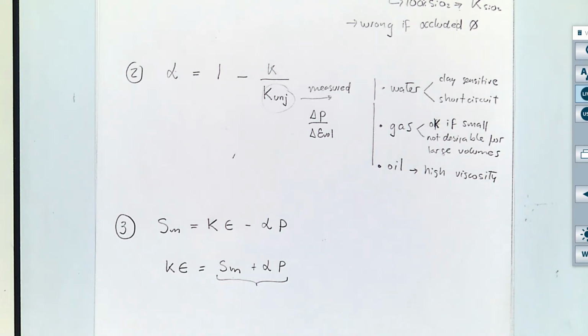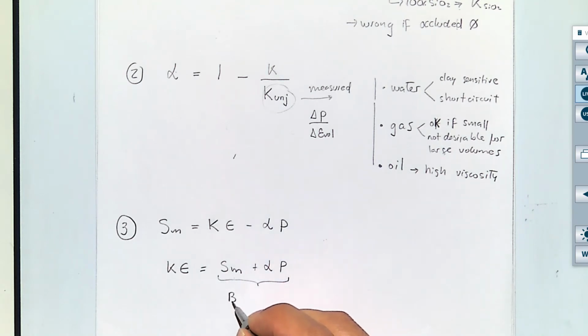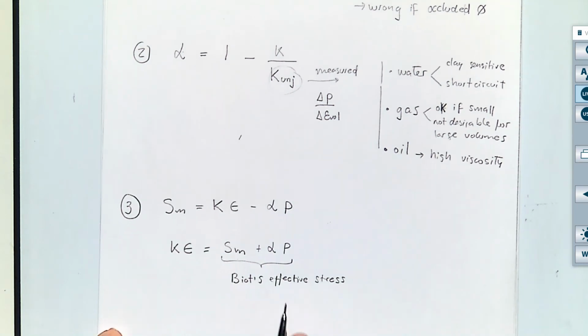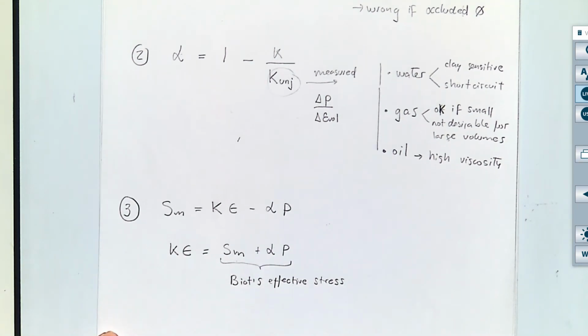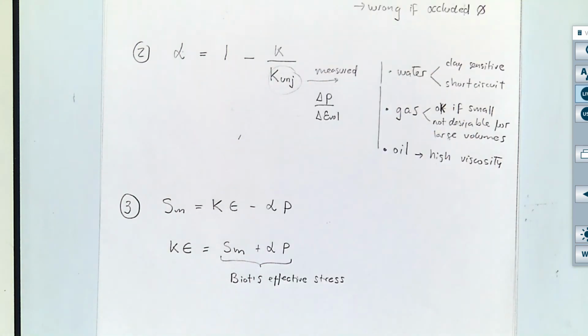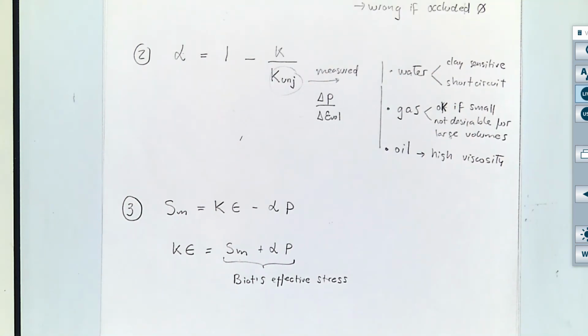Total stress minus pore pressure. It's an effective stress, but not only that, this is Biot's effective stress, because it is corrected for the Biot coefficient. The one that we saw before without the Biot coefficient is called Terzaghi's effective stress.